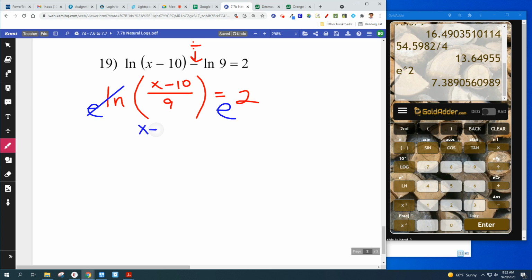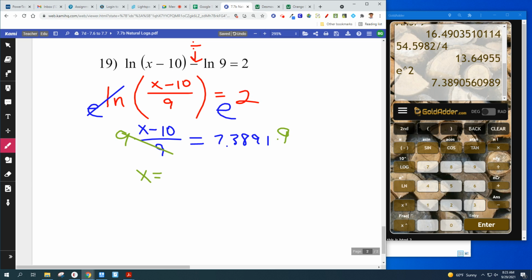I've got x minus 10 over 9 is about 7.3891 or so, like that equals. Now, if I'm going to solve this, what do I do? There you go. Multiply both sides by 9 to cancel that out.